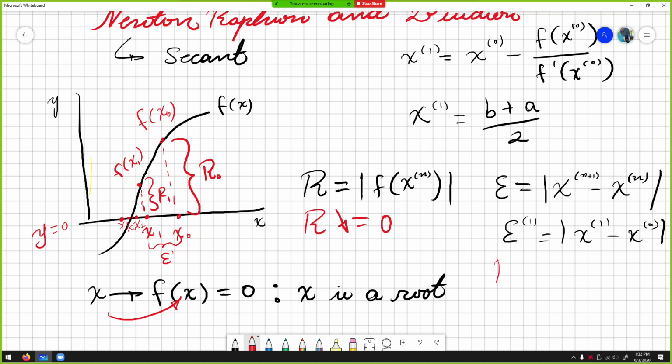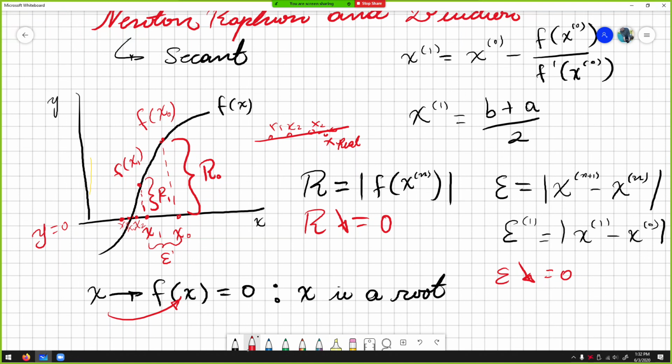Sorry, I wrote the wrong thing. This guy also has to go to 0, because as I find new solutions, x1, x2, x3, x4, x5, x6, x7, as I get close to x real, the real solution, the distance between my new x and my previous x should go to 0.